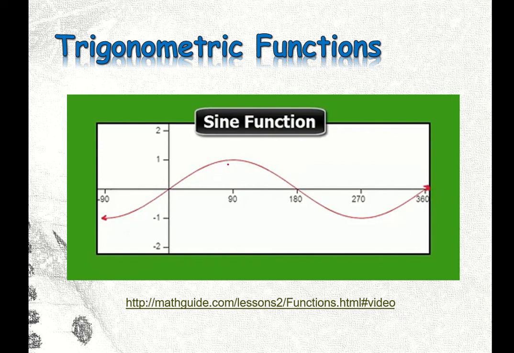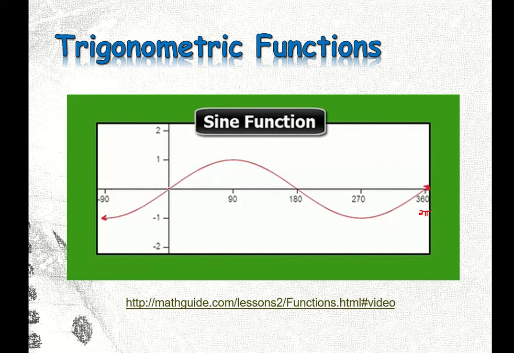So we have here the sine function. If you look at the graph, the sine has a certain pattern that occurs in a certain period. Here we have 0, 90, 180, 270, 360 degrees, which is equivalent to 2 pi radians.